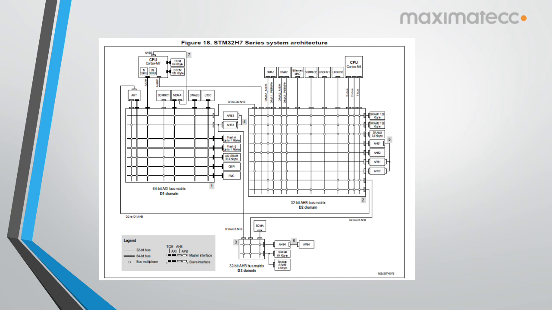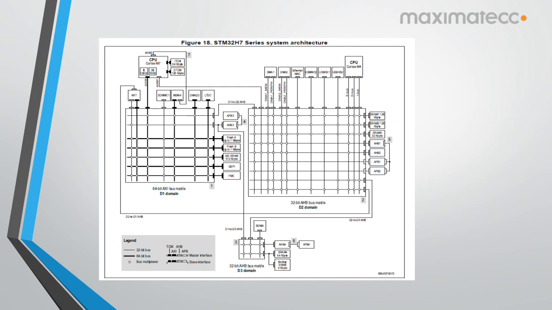You can see the Cortex-M7 with 16 KB of both the caches, ITCM of 64 kilobytes and DTCM of 128 kilobytes, and the CPU and the 32-bit AHB bus matrix, that is the D2 domain, the 64-bit AXI matrix, that is the D1 domain, and the 32-bit AHB bus matrix, that is the D3 domain.